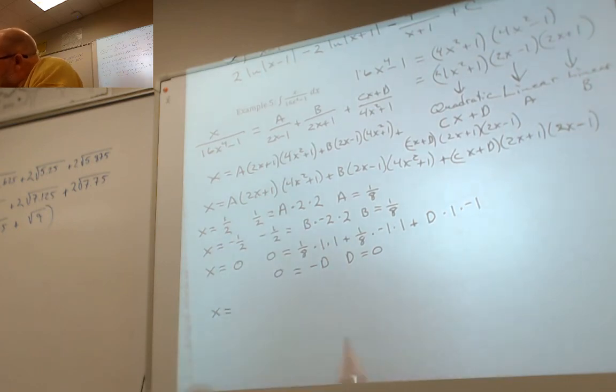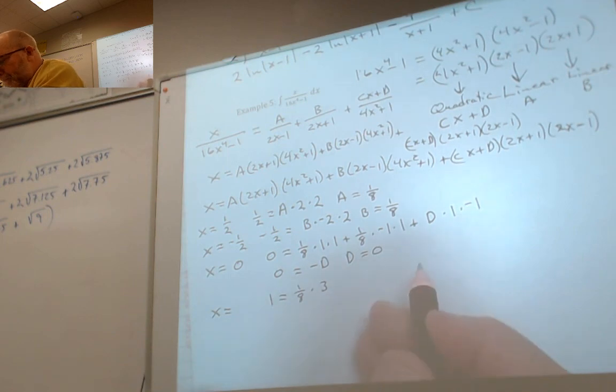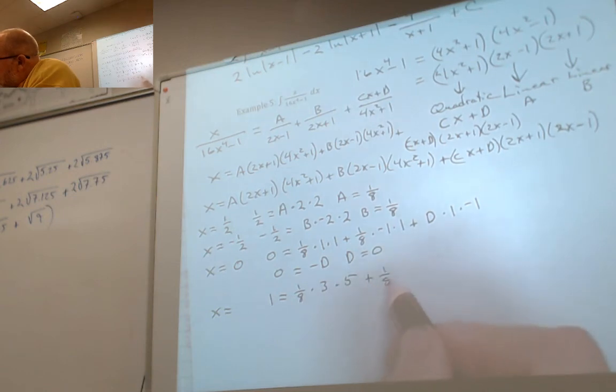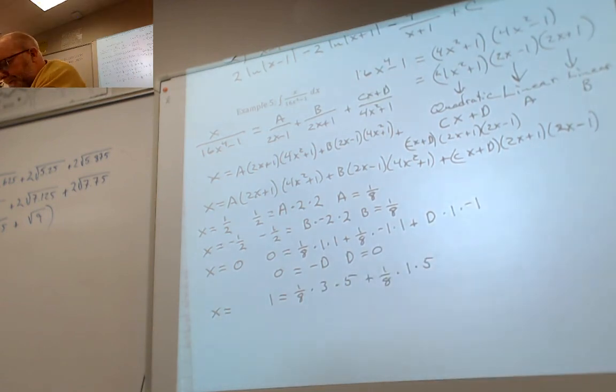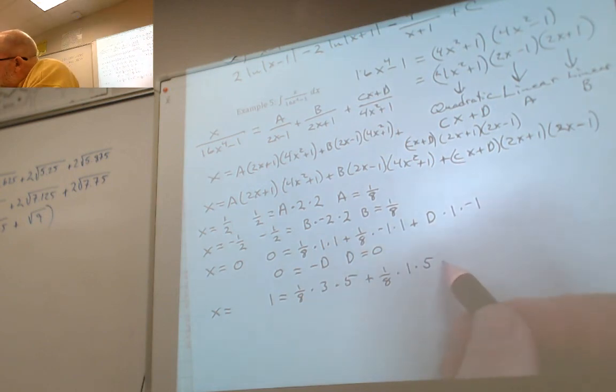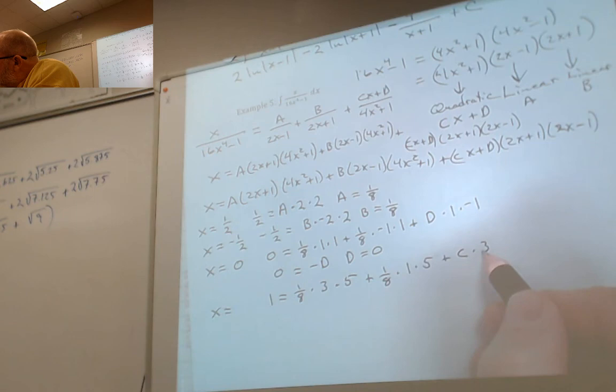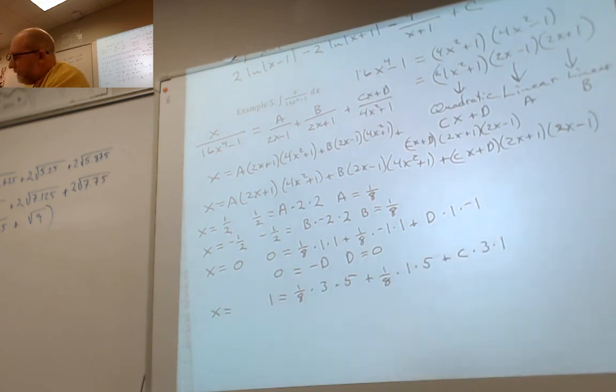So if I choose 1 in here, I'll get 1 equals 1/8 times 3 times 5, plus 1/8 times 1 times 5, plus C times 3 times 1.